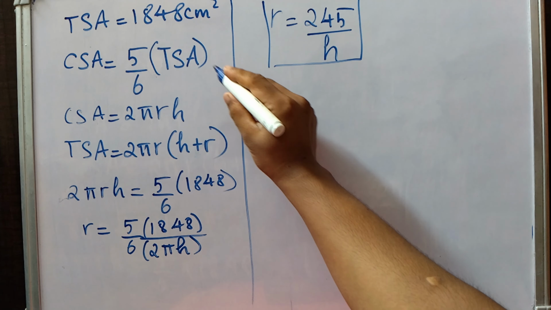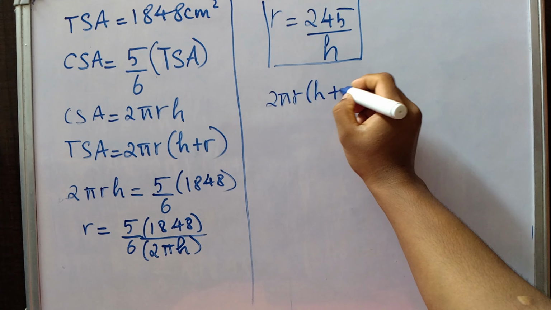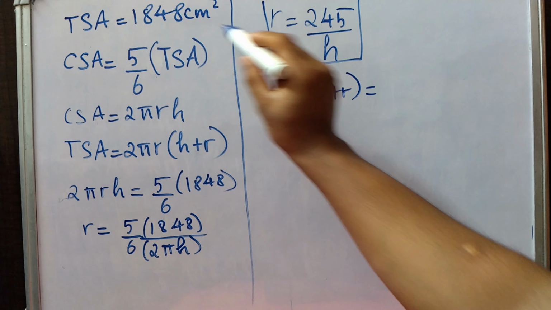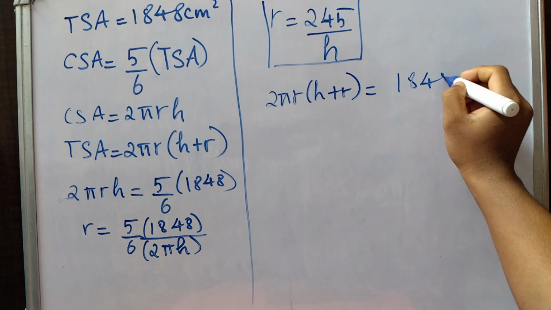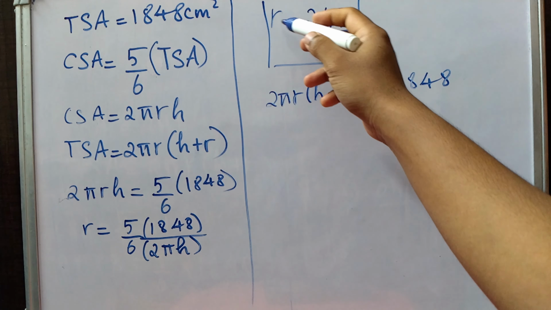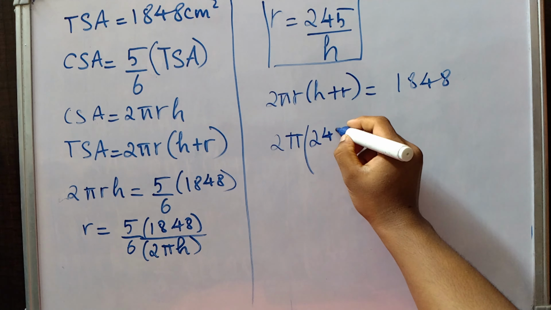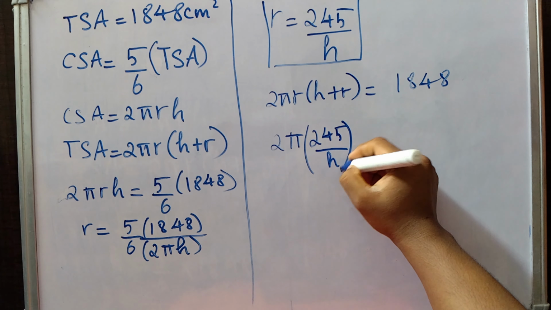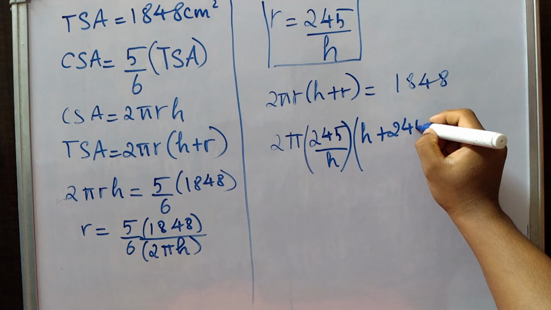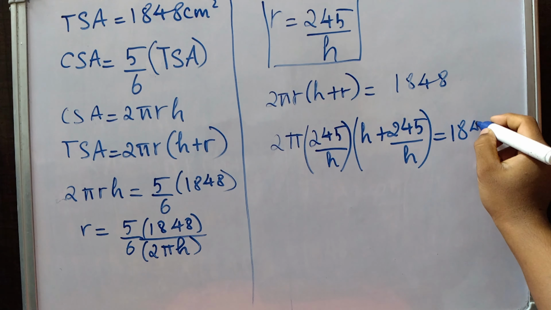Now we know that TSA, that is 2 pi R into (H plus R), is equal to 1848. We substitute R with the relationship we found, so that is 2 pi into 245 by H into (H plus 245 by H), which is equal to 1848.